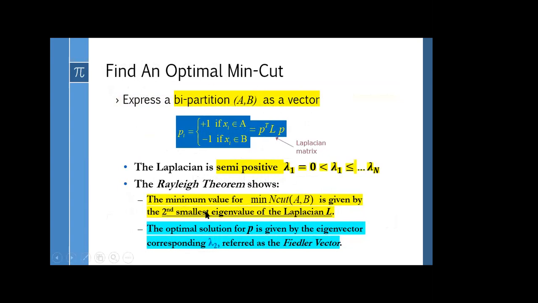Accordingly, by the so-called Rayleigh theorem, the minimum value of this normalized cut minimization problem is given by the second smallest eigenvalue of the Laplace operator. The corresponding eigenvector is called a Fiedler vector.